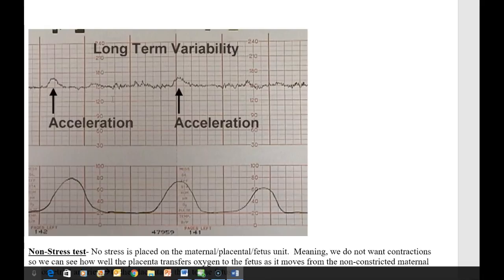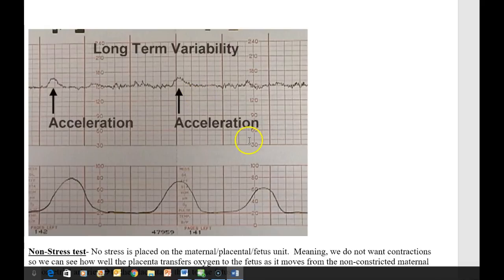So one of the most serious questions that we ask women when they come in for fetal monitoring is, have you felt the baby move? When they say yes they have, that's very reassuring. When they say no they haven't, that concerns us that there could be damage to the placenta or the cord and the baby is not getting enough oxygen.